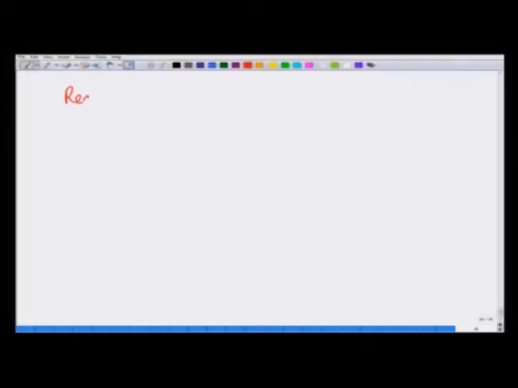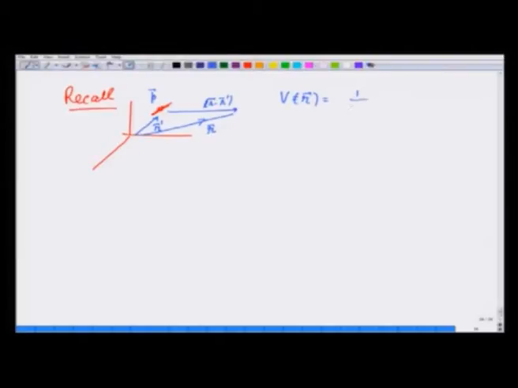Recall that for a point dipole at r prime, the electrostatic potential at r, so this vector becomes r minus r prime, is given as V at r equals 1 over 4 pi epsilon 0 P dot r minus r prime over |r minus r prime| cubed.